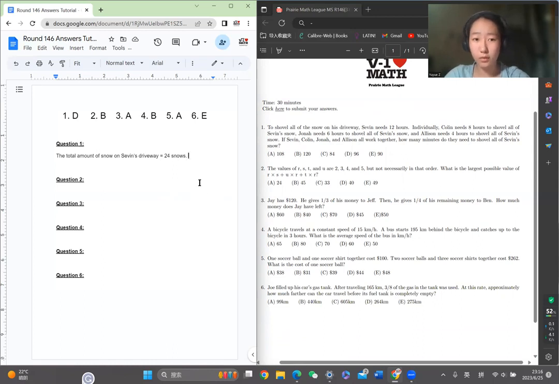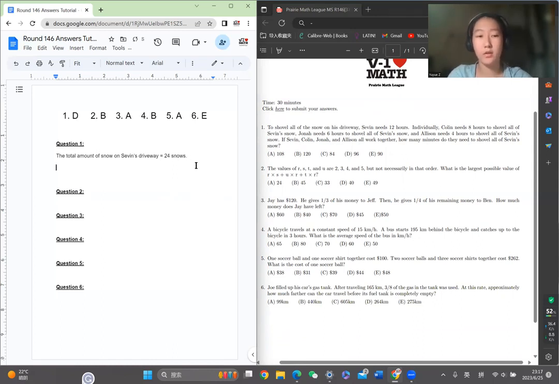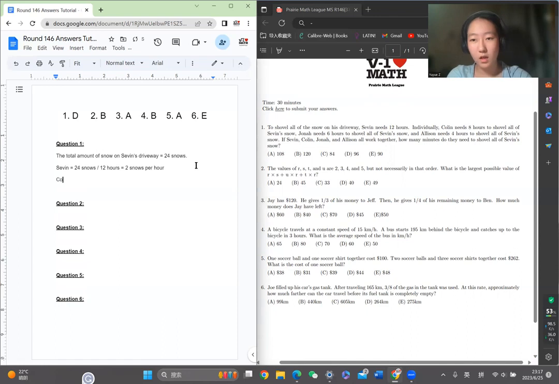And snow is really just an imaginary unit to make this question a little bit easier to solve. So, if we know this, then Seven shovels snow at a rate of 24 snows divided by 12 hours, or 2 snows per hour. Using the same logic, we can get the pace that the others shovel snow at.